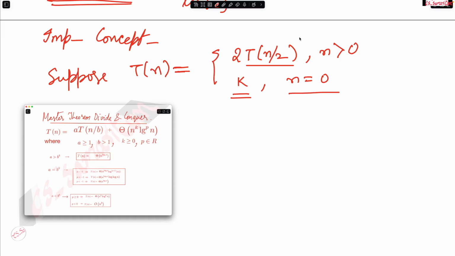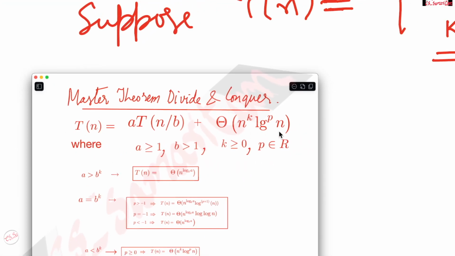So if I were to apply the master theorem for divide and conquer over here, what is that going to give me? Well, let's apply it. The master theorem, the second part over here, is for the non-recursive part. Because this part is not really present, we can directly take k is equal to 0, p is equal to 0. This is going to make this whole part 1, and theta of 1 is basically negligible, we can ignore it.